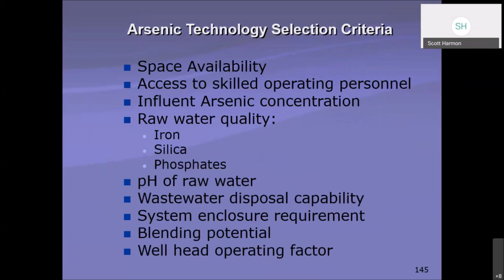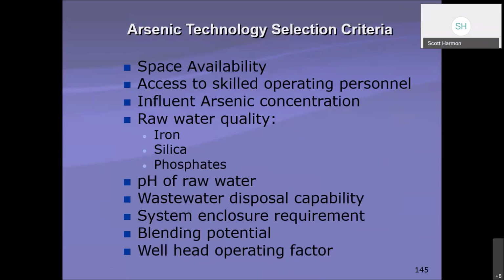You base it on space available. Am I going to have to buy a ginormous piece of property and build a brand new plant to make this happen? Or can I retrofit an existing facility or property we already own to make this happen? Access to skilled operating personnel.